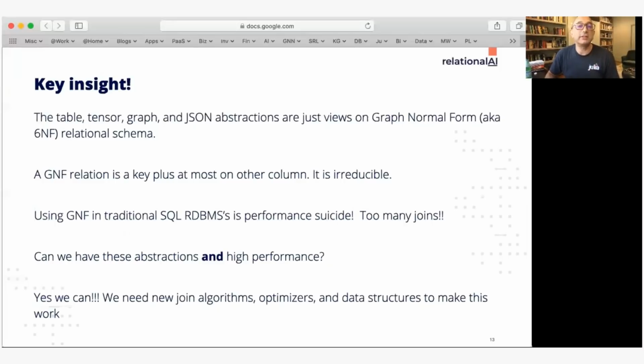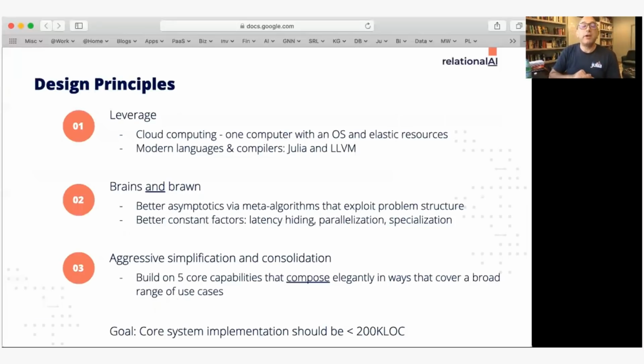Okay, the rest of this talk is going to be about that. So our system is built with 3 design principles in mind. One is leverage. Let's just leverage the work that other people have done, in particular cloud computing. Let's leverage all that infrastructure, in particular the object storage systems that come with cloud computers.